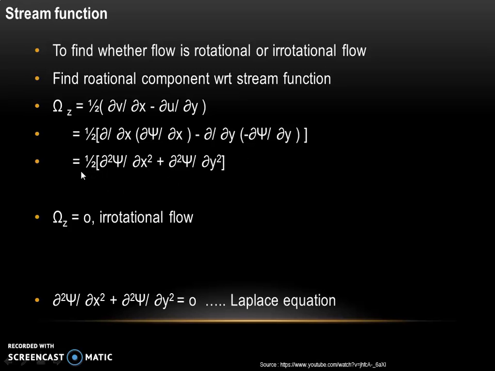So the final equation will be half of dou square psi by dou x square plus dou square psi by dou y square. Omega z will be equal to 0 for irrotational flow. And the equation dou square psi by dou x square plus dou square psi by dou y square equal to 0 is known to be the Laplace equation.